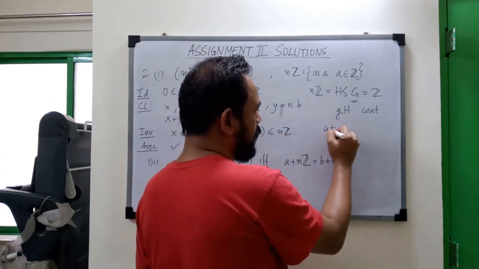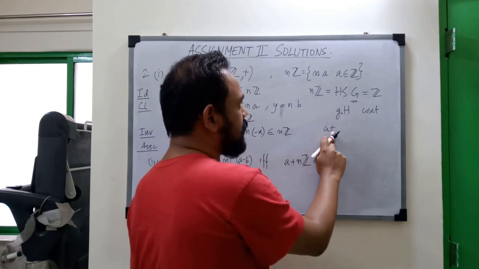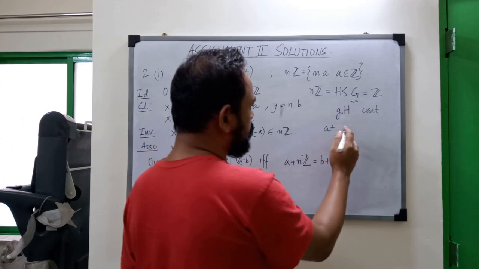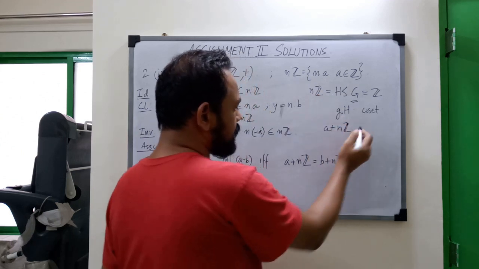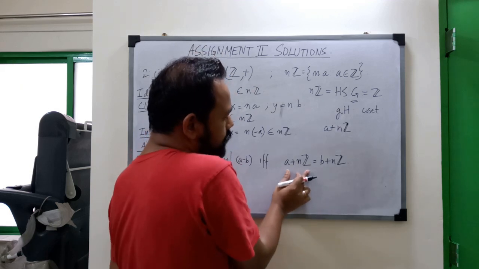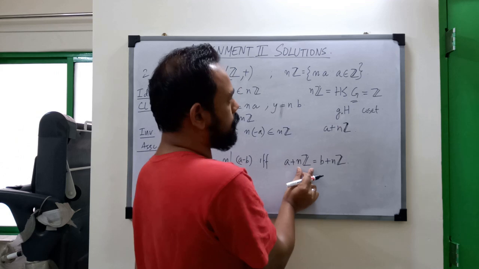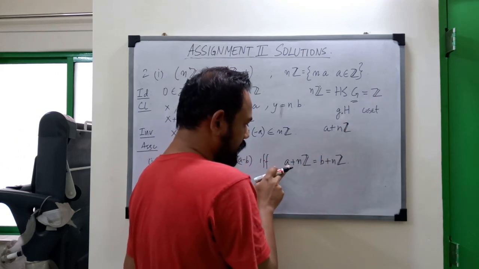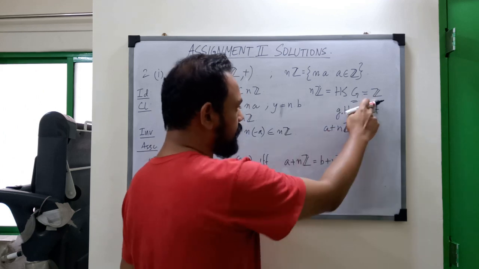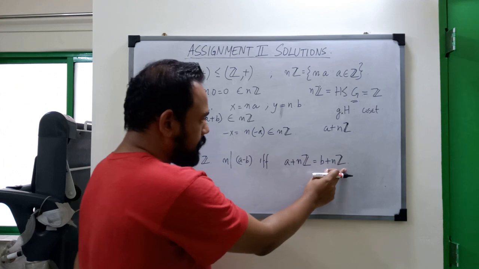It would be g plus, because we are substituting dot by addition, plus the subgroup nZ. So A plus nZ is really a coset of nZ, which is a subgroup of Z, by this element A in Z, with plus as the binary operation. Similarly, B plus nZ.